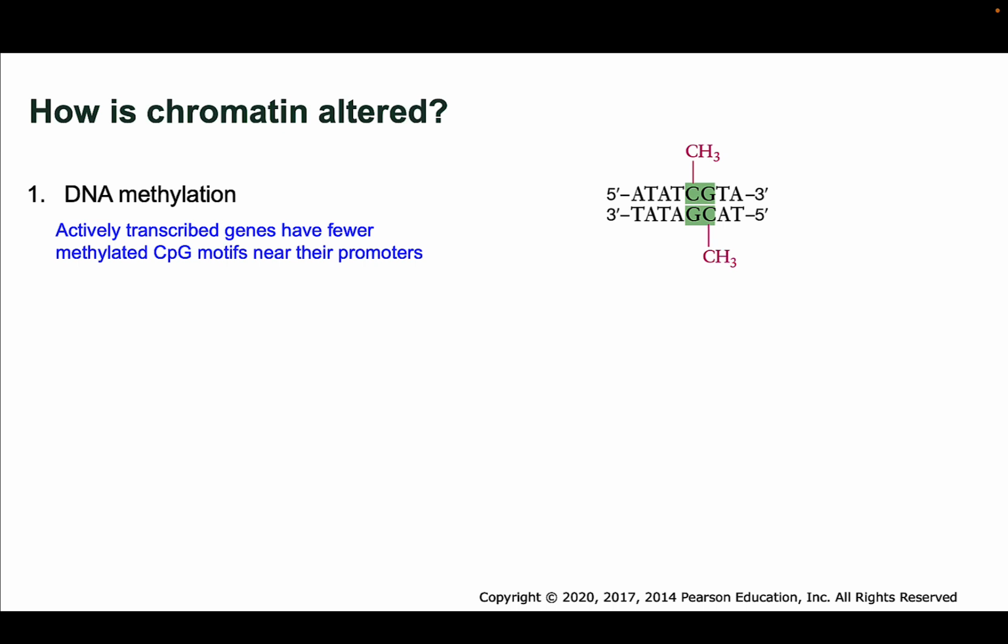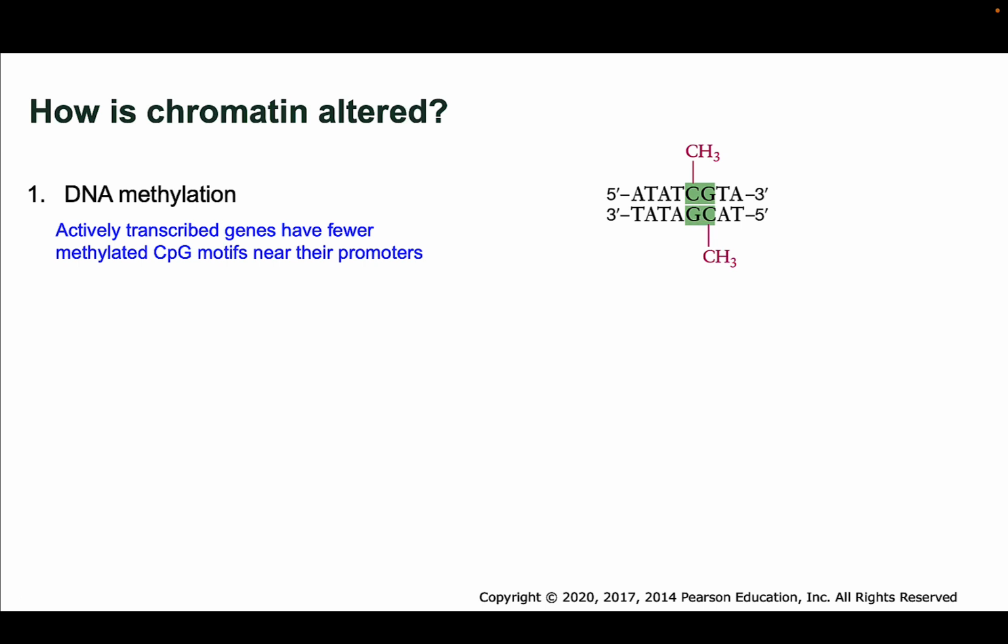So there are a few ways in which we can alter chromatin. One is that the DNA itself can be methylated, okay? So here I'm showing a sequence of DNA, and there are these enzymes called methyltransferases that recognize a cytosine followed by a guanine, and it will add a methyl group to that cytosine.